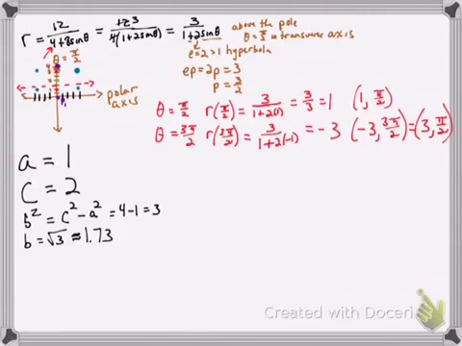So there are our 4 corners of the box. I'll just start drawing these through. Here are our asymptotes that we're drawing in. Then we just draw our hyperbola. We'll start here near the asymptote, go through the vertex, and then come close to the asymptote. Same thing on the other side. And there we go.